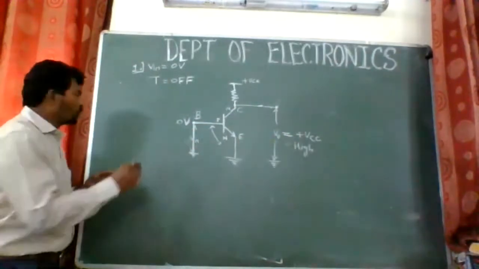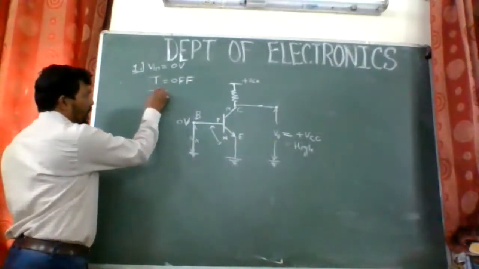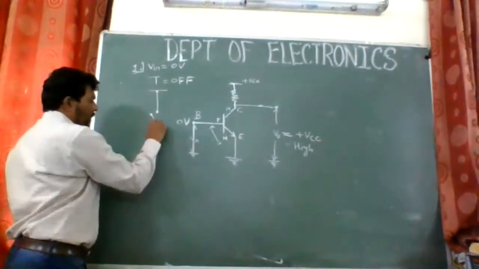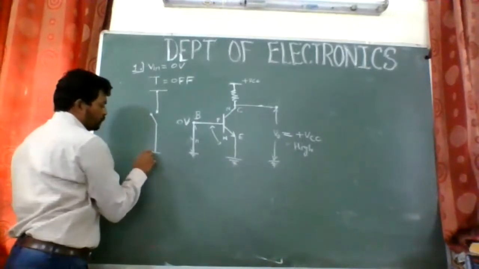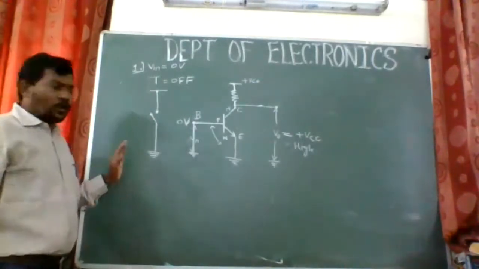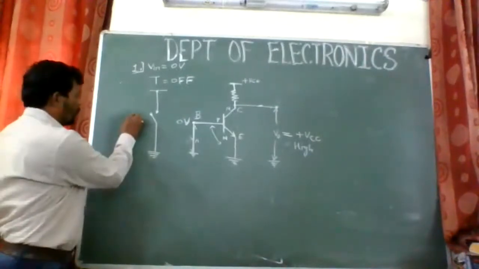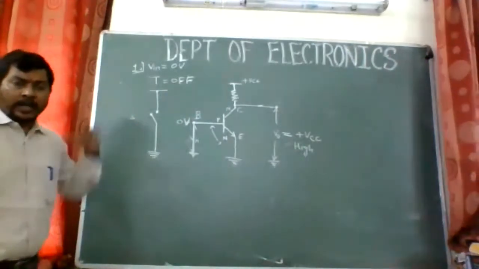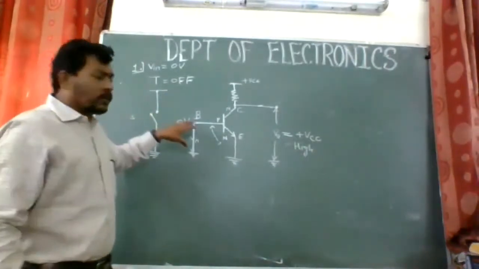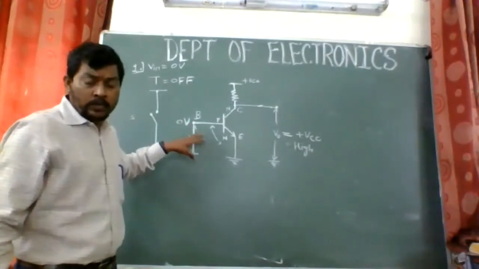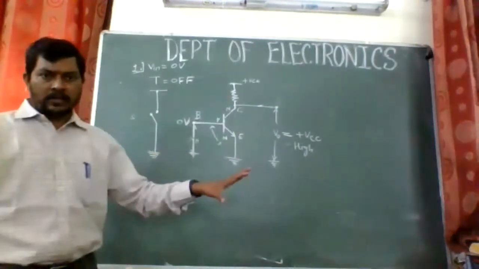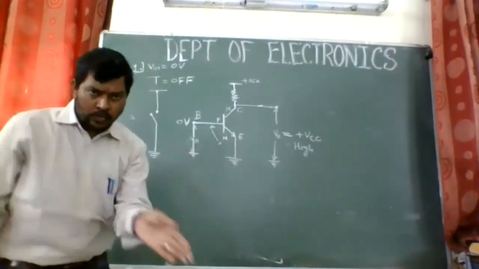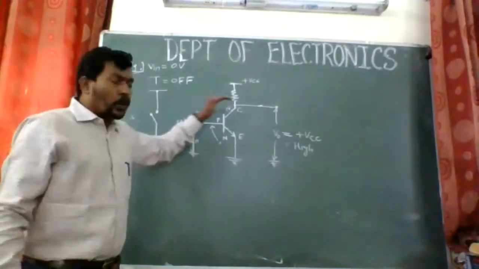Now I would like to show you one more diagram, which is nearly equal to the transistor as a switch. This is the switch that I am talking about, and in this case the transistor is acting as a switch. When the voltage to the base of a transistor is given as 0 volt, or if it is not given any voltage, then the output voltage is high.